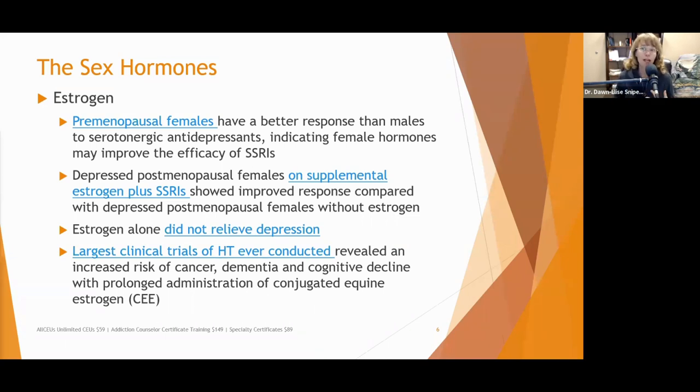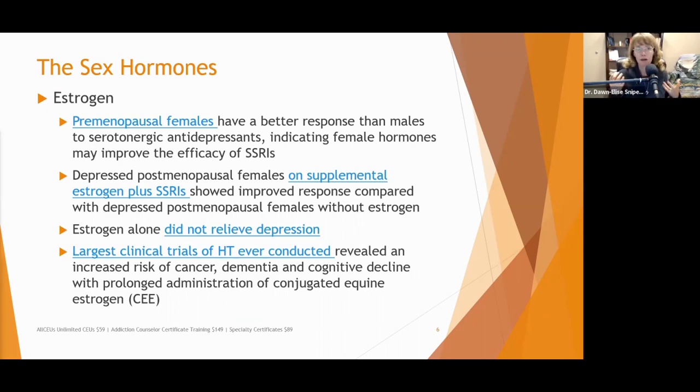Depressed postmenopausal females on supplemental estrogen plus SSRIs showed improved responses compared with depressed postmenopausal females without estrogen. Remember, what we're talking about with this estrogen is the estradiol. After menopause, that estradiol level goes way down. When people were given SSRIs postmenopausally, it may have helped a little.